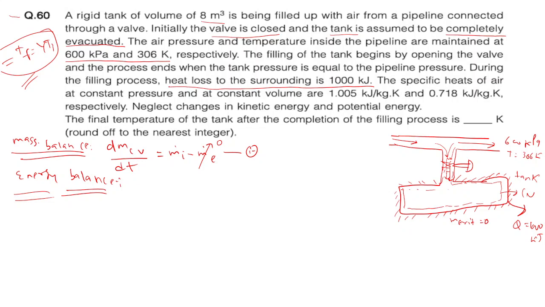For now it is like a closed system. So the internal energy change dU for the control volume, the rate of change of internal energy of the control volume. How would the energy inside the system be changing?